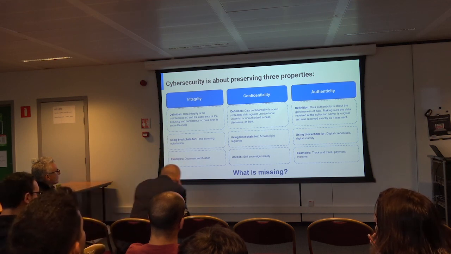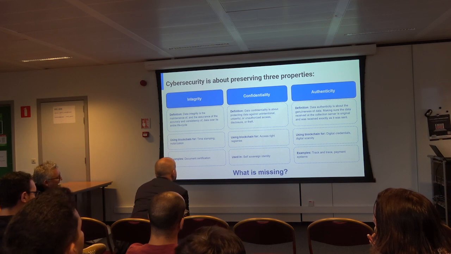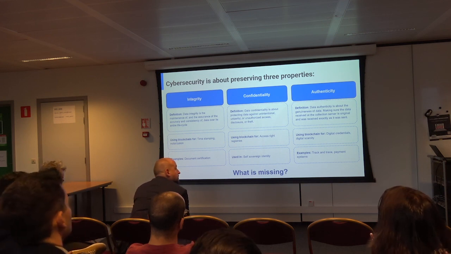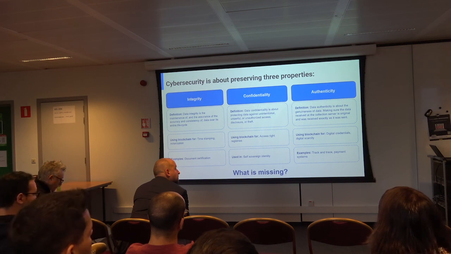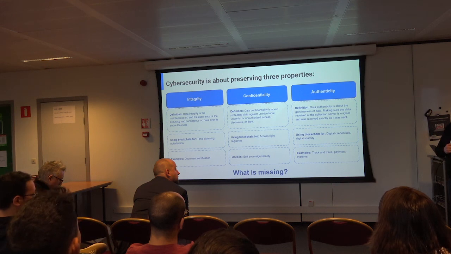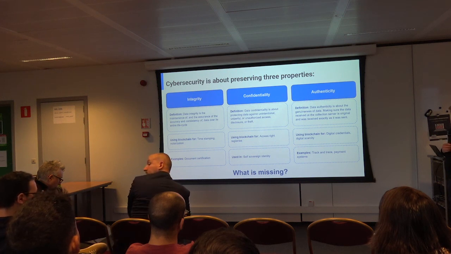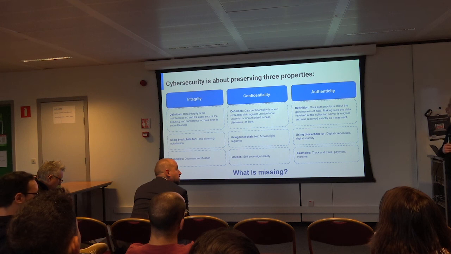So maybe blockchain was never made to solve the confidentiality problem, but was more for integrity, authenticity, and accountability. So that's maybe also why you don't have use cases for confidentiality, because this is something on top always. You can use encryption, then you have confidentiality. You can make a private blockchain, then you have confidentiality. But if you use just a pure blockchain technology, you will never have confidentiality, because that was not the purpose. It was to have integrity, accountability, and authenticity.